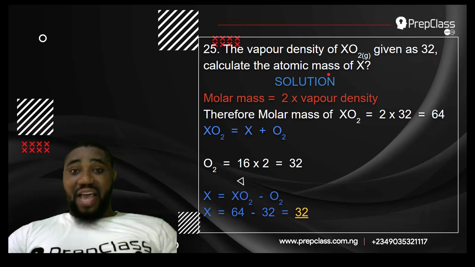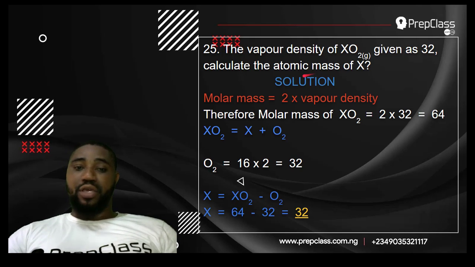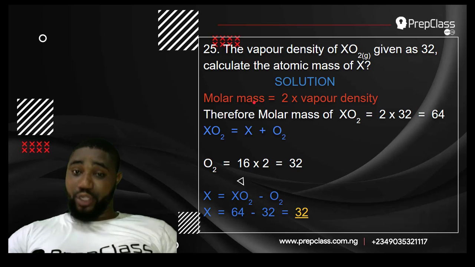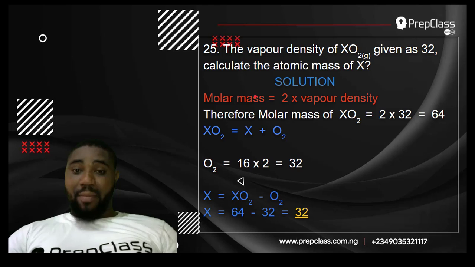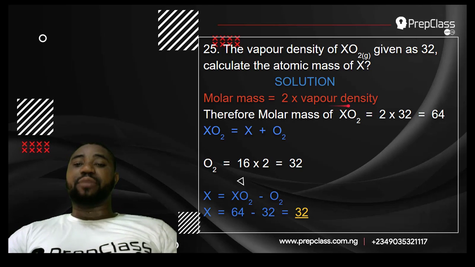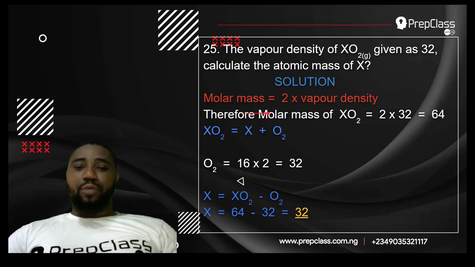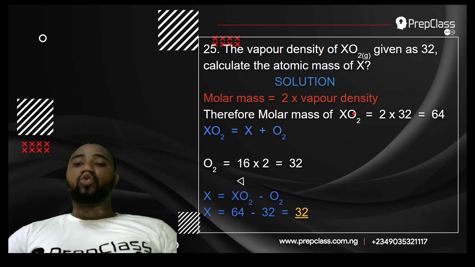Atomic mass is how heavy an element or a compound is. For an element it is atomic mass, for a compound it is molecular mass, but you can also use molar mass to describe the two. So molar mass or atomic mass or molecular mass equals 2 times vapor density. Therefore, the molar mass of XO2 equals 2 times 32.